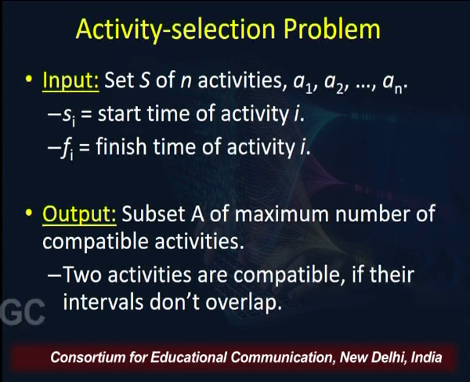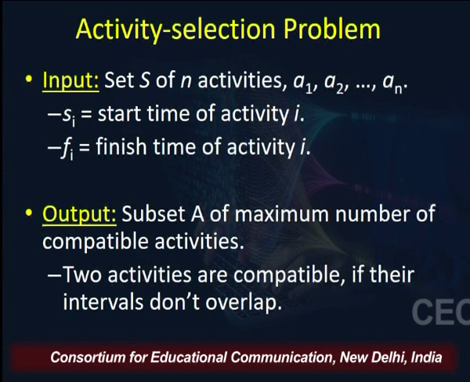So, for example, S3 is the starting time of the third activity, which is A3, and F3 is the finishing time of activity A3.